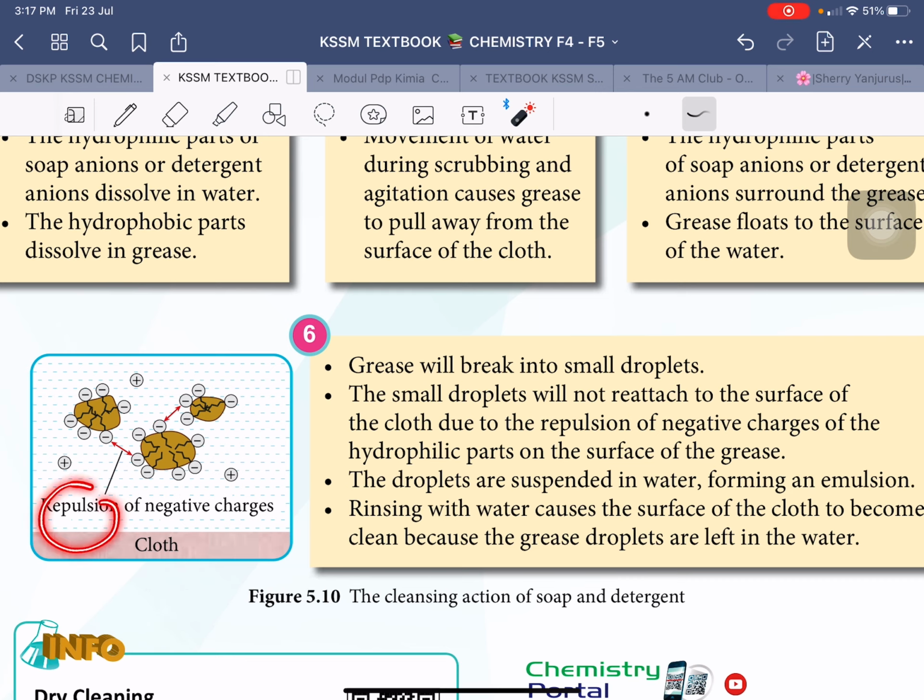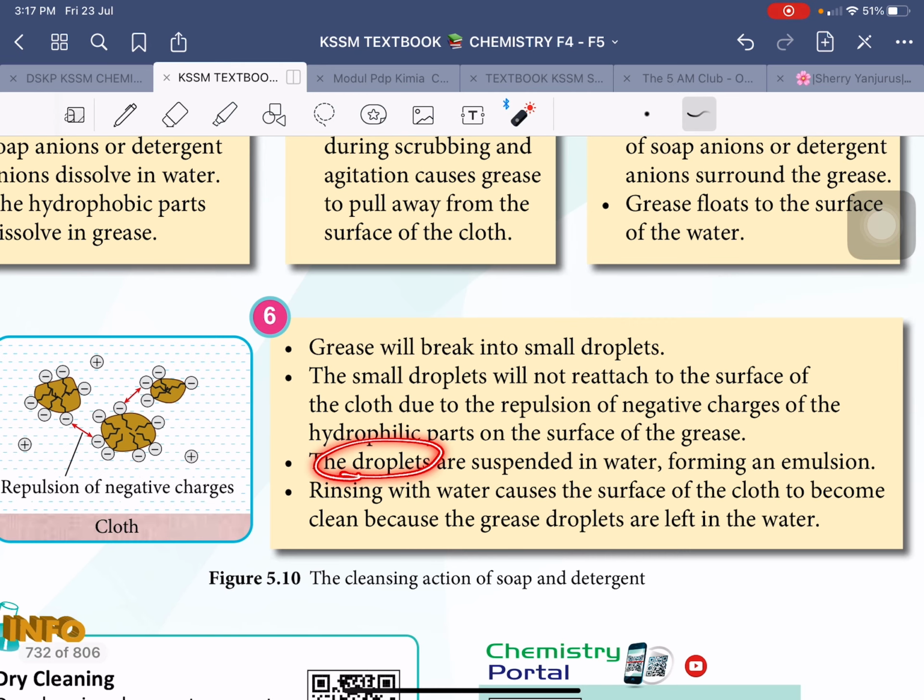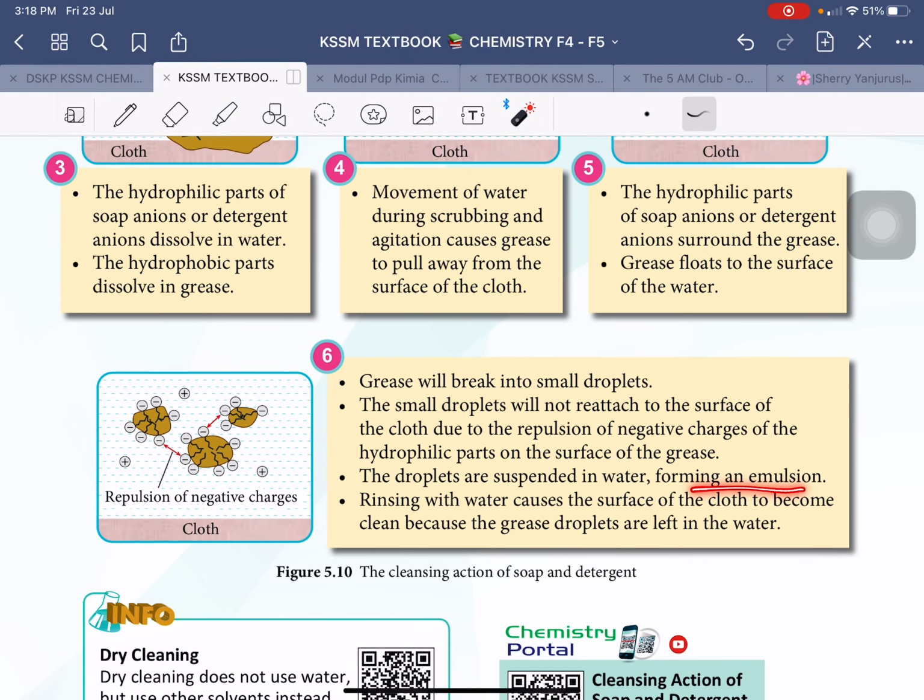Penolakan, repulsion of the negative charges. Because the negative charges tidak akan tertarik. Diorang akan menolak antara satu sama yang lain. Repulsion of the negative charge. So it's not going to stick ataupun stuck balik pada baju lah. So the droplets, titisan kecil tu, are suspended in water.